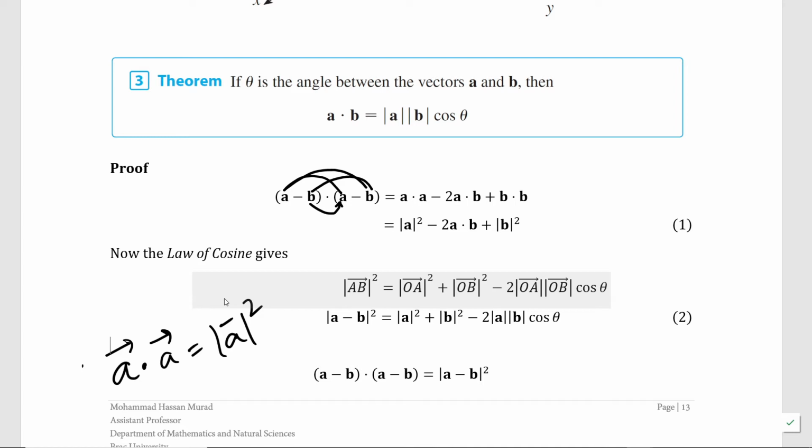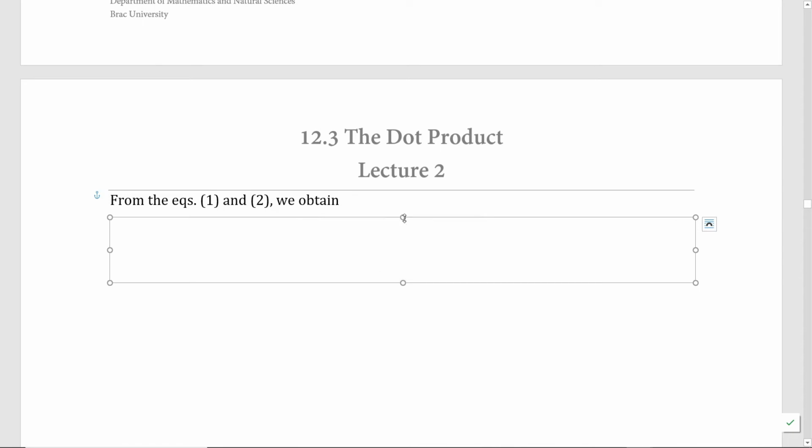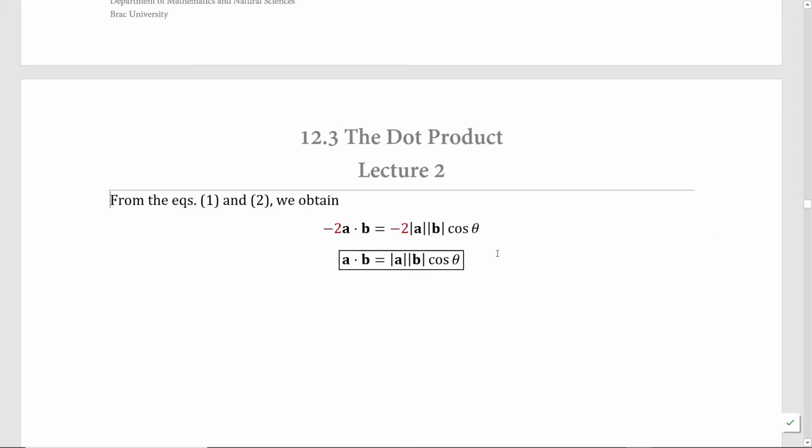So in equation 2 and equation 1, we see the left-hand sides are equal, so the right-hand sides must also be equal. Equating the right-hand side of 1 to the right-hand side of equation 2, we get negative 2 times A dot B equals negative 2 times the product of the magnitude of A, magnitude of B, and cosine theta.